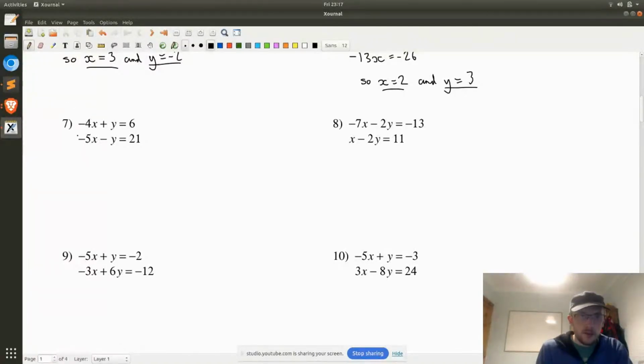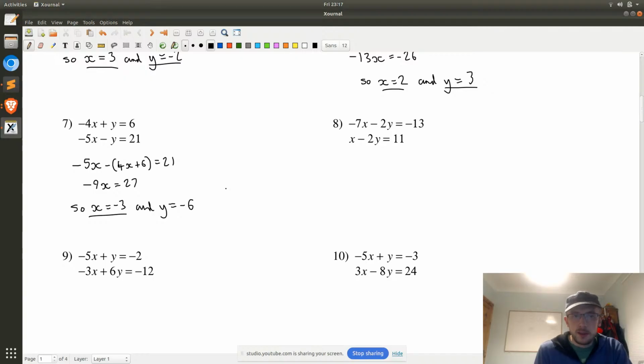Okay, so y is 4x plus 6. So x is -3, and y must be -6. Right, I believe so. Okay.